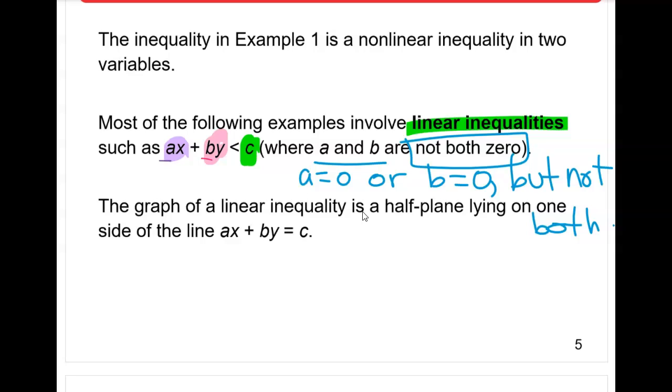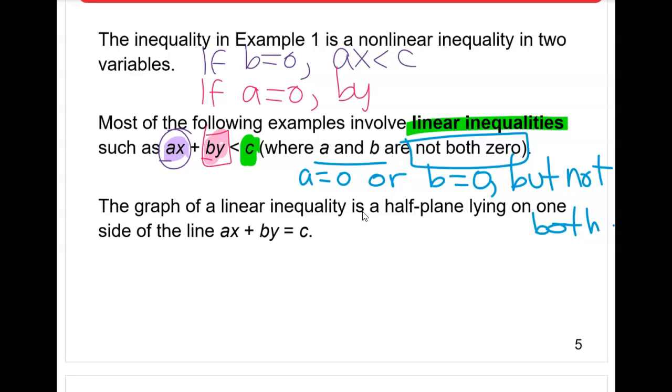Okay, so if let's say b equals 0, then we will have an inequality like this: ax less than c, or greater than, or all the other inequality symbols. And in the other case, if a equals 0, then we will have just this part right here, by less than c, or by greater than c, or all the other symbols.